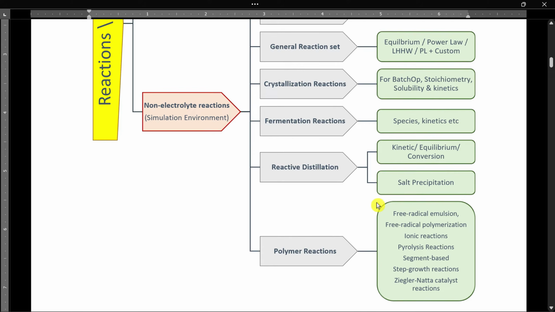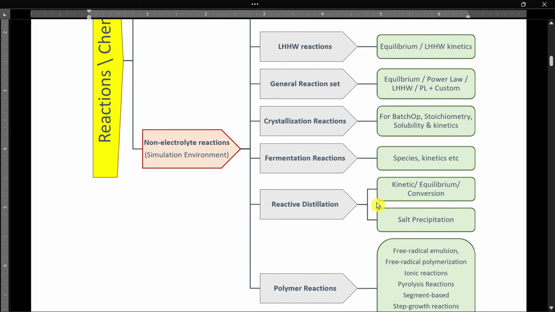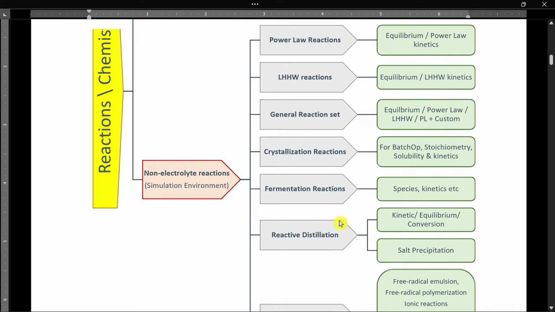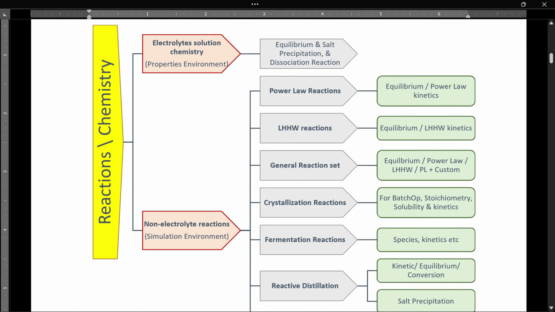So these are the multiple possibilities by which reaction stoichiometry as well as corresponding kinetic parameters can be defined in the simulation environment. The reactive distillation set of reactions is specific to the RadFrac column. Crystallization reactions are specific to batch operations, whereas other reactions can be defined for the CSTR, plug flow reactor, batch reactor, or the pressure relief involving chemical reactions.